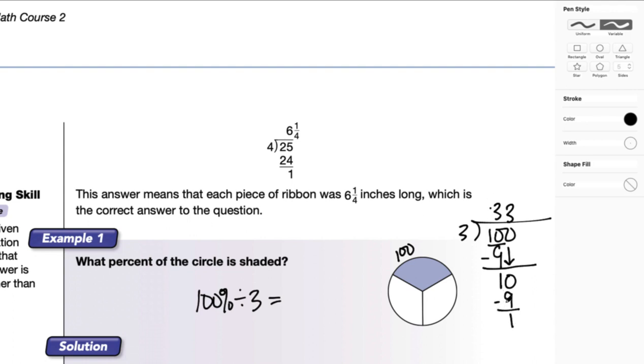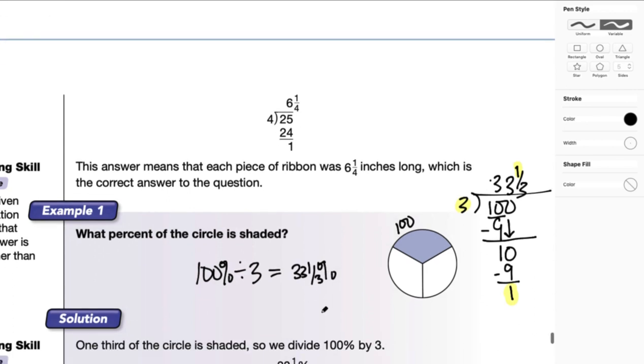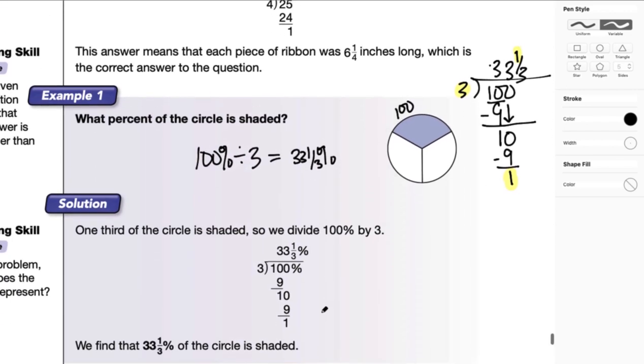But we don't write 1 as a remainder. Remember, we're going to take that remainder and put it right over our divisor. So we get 1/3. So the answer here is, when I divide 100% by 3, I get 33⅓%. And that's my answer, 33⅓%. All right?